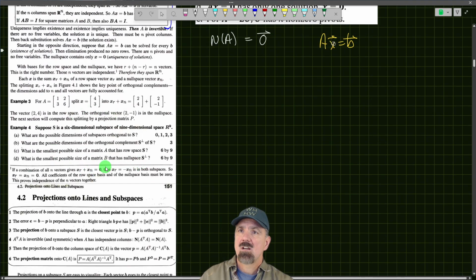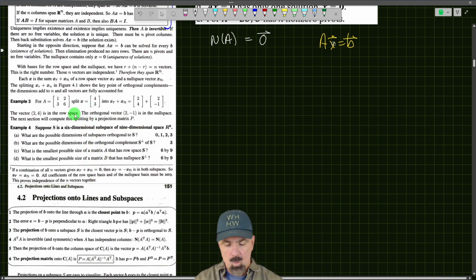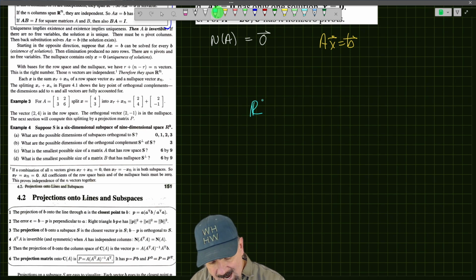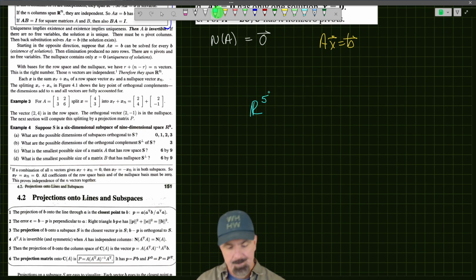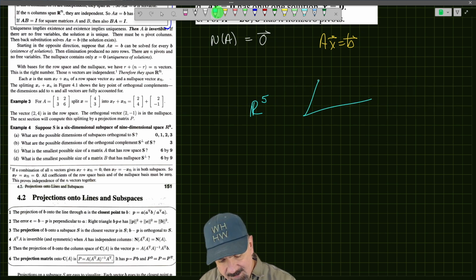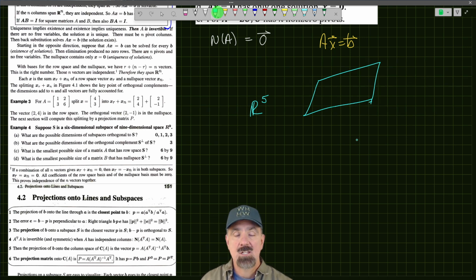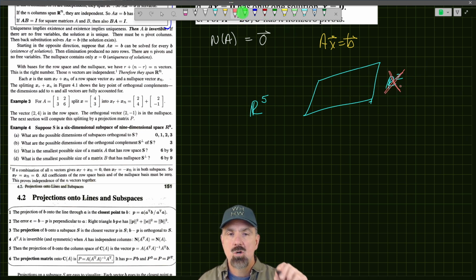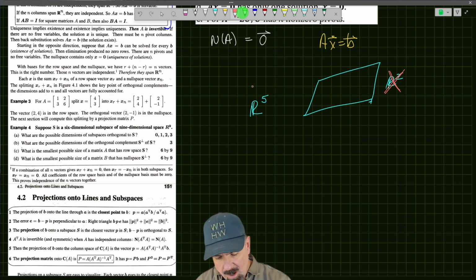And then finally, there's this set of examples 3 and 4, and you definitely want to work through these and understand them. I'll just give you one indication. If we have a 5-dimensional space and we have a plane in that 5-dimensional space, so we have a 2-dimensional subspace of R5, this is absolutely not R2. It is a 2-dimensional subspace of R5 vectors. Then what is the orthogonal complement?